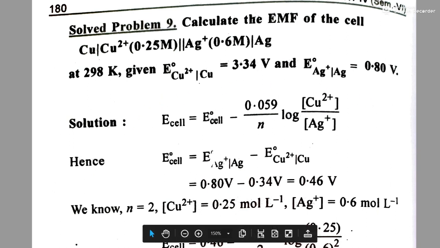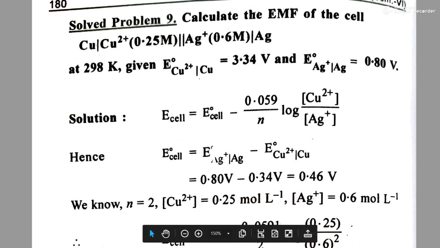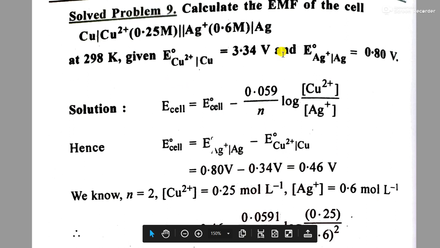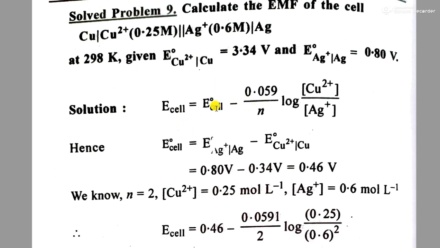So in this also, for calculating the EMF, you take the Nernst equation, and you can see that E0 of the cell has to be calculated first. For that, you have to subtract these two values, that is the E0 of the right hand side electrode minus E0 of the left hand electrode.